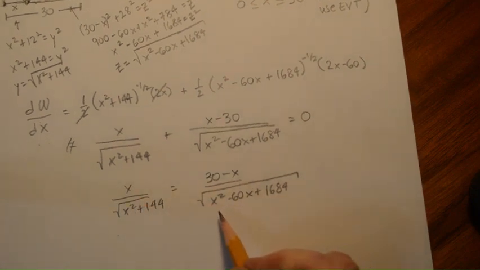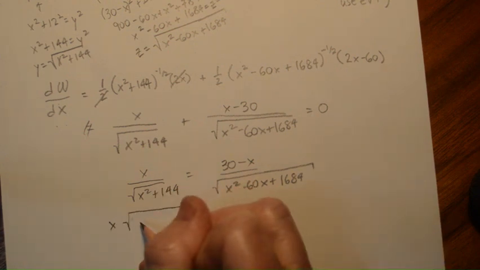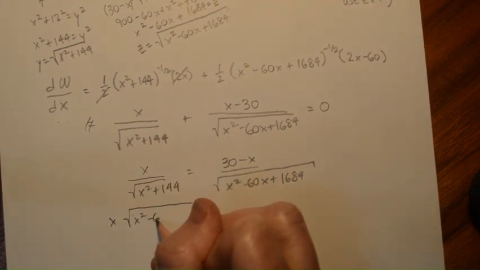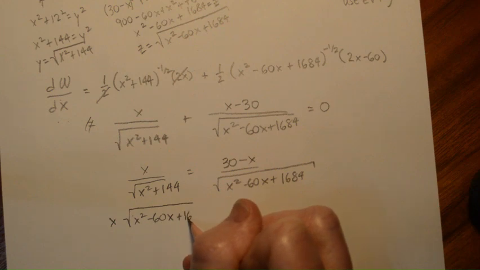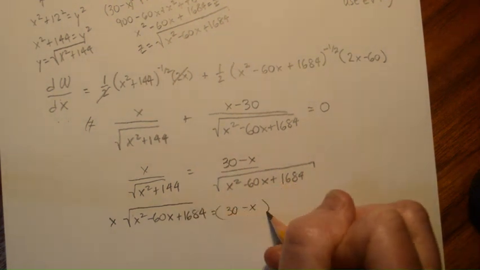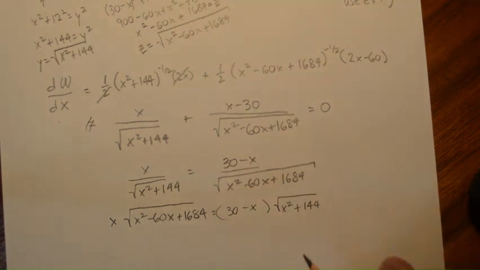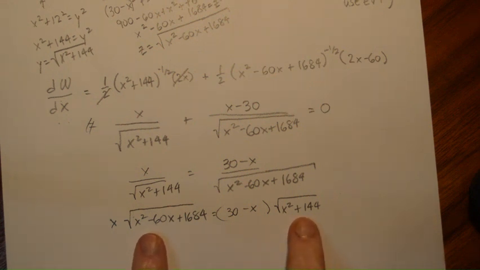All right, we'll cross multiply, and we end up with x times square root of x squared minus 60x plus 1684 equals 30 minus x times the square root of x squared plus 144. And then the easiest thing to do at this point is just square both sides so that we get rid of our radicals.